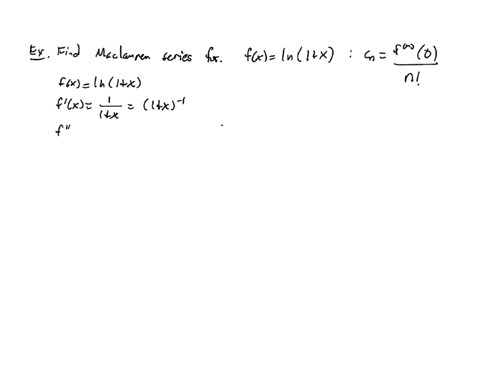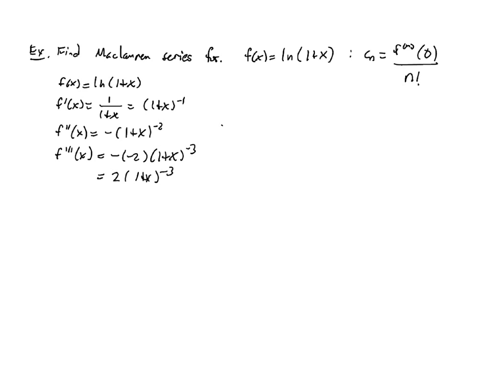The second derivative is then negative 1 plus x to the minus 2. The third derivative is going to be negative 2 times 1 plus x to the negative 3. So that's the same thing as positive 2 times 1 plus x to the minus 3.